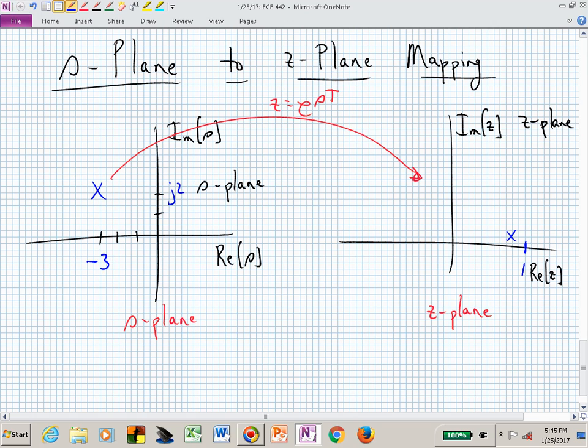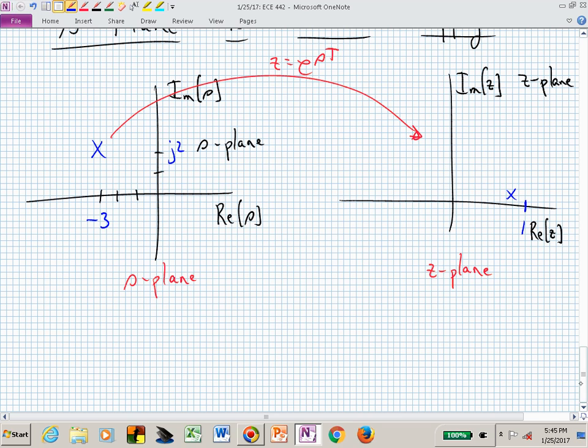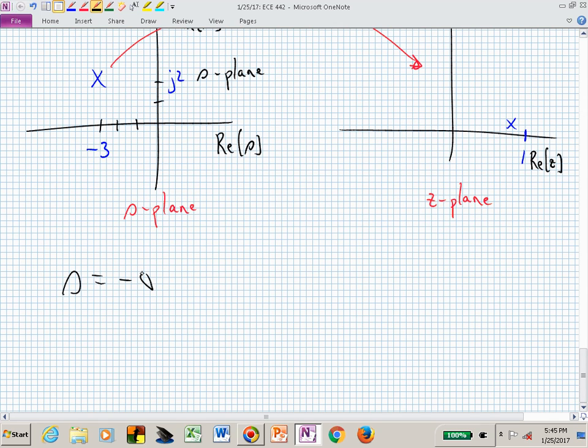And we're going to find precisely where that is for this value of S equal to -3 plus j2. But let's look at S a little more closely. Typically we say S is minus sigma, the real part, plus j omega sub d, where the real part gives us the damping, and omega sub d gives us the damped frequency of oscillation.